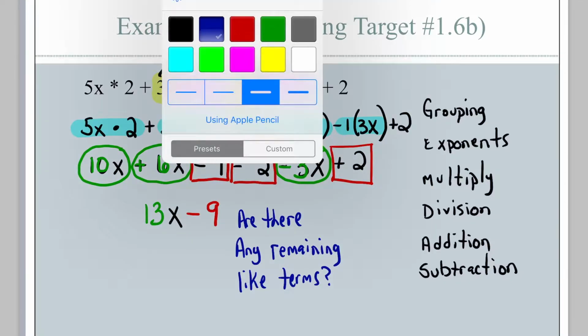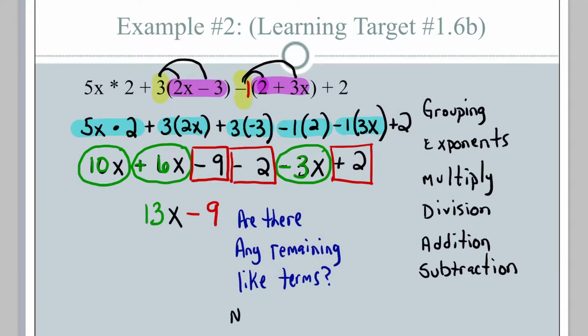And in this case, no, the expression is fully simplified. And recall, this is an expression because it does not have an equal sign.